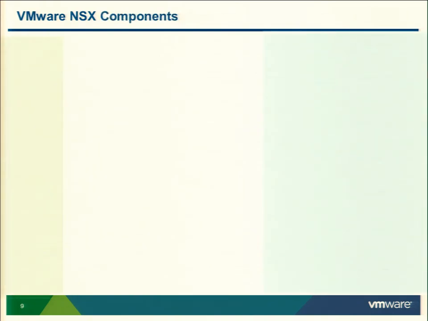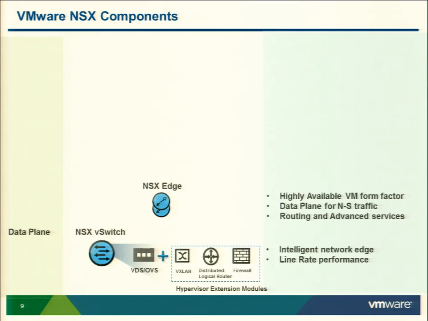So from a component standpoint, when you look at vSphere, you deploy ESX, you deploy vCenter. What are the components that make this network virtualization platform? From a data plane standpoint, you all know the virtual switch. It leverages VDS, OVS, plus kernel modules that provide the fully distributed scale-out data plane at line rate.